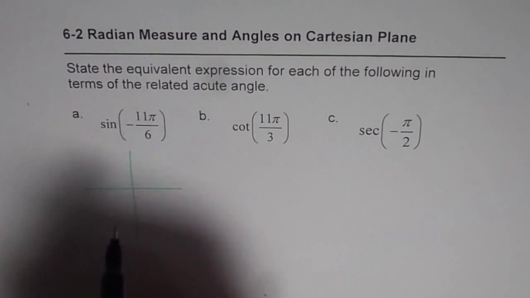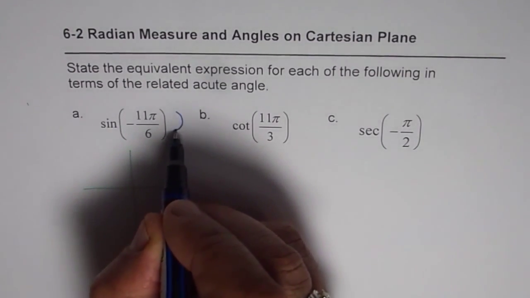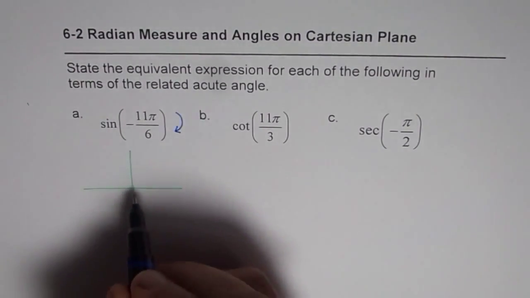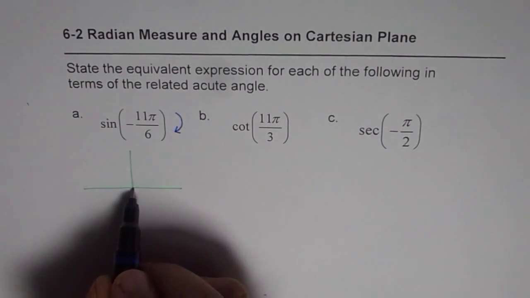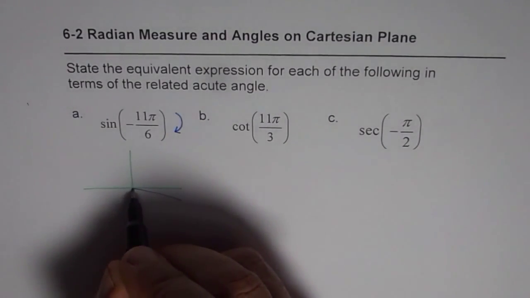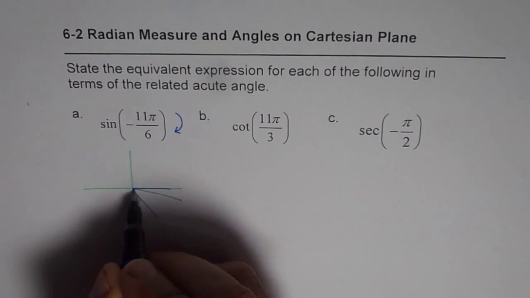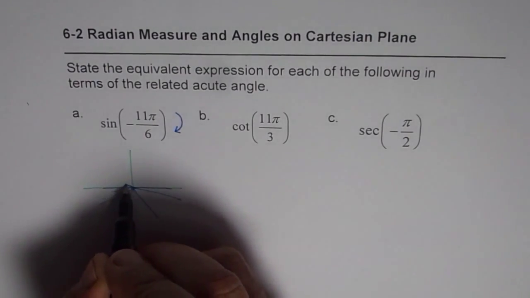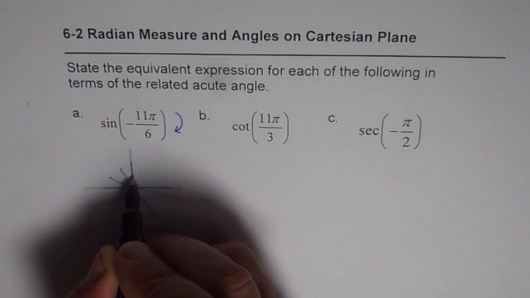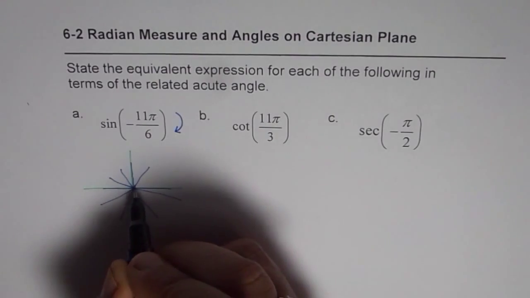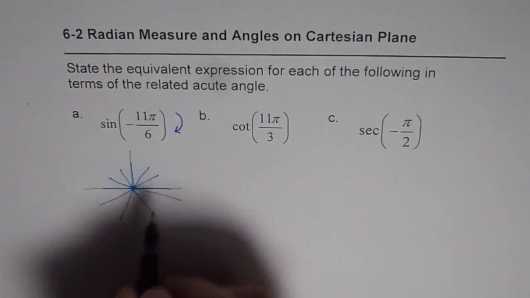Minus indicates that we have to move in the clockwise direction, correct? So let us say these are our 6 portions. So we'll divide them: starting with first, second, third, fourth, fifth, sixth, seventh, eighth, ninth, 10, 11, and this becomes the 12th.